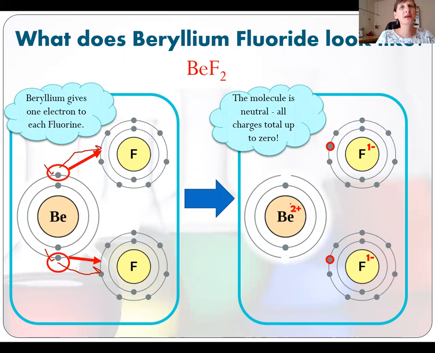That way, beryllium gets a +2 charge, and each fluorine gets a -1 charge. If you add those all together, +2, -1, -1, we end up with 0 charge. And that means your molecule is stable and happy. Stable and happy when they all add up to nothing. They want to be neutral. Neutrally happy.